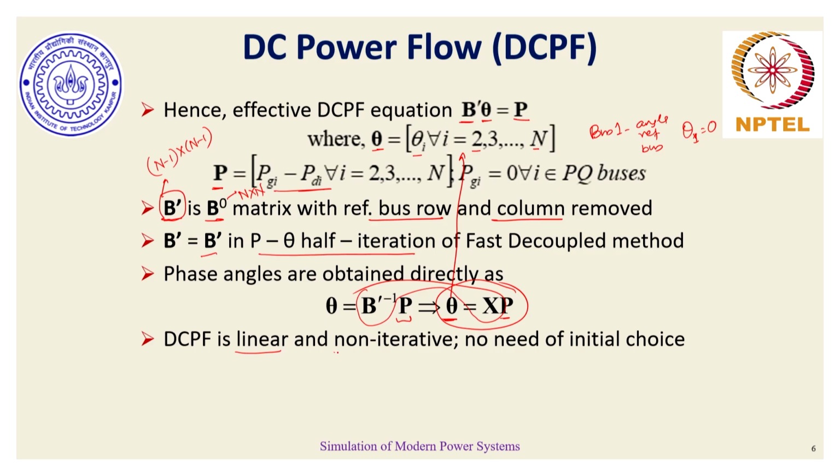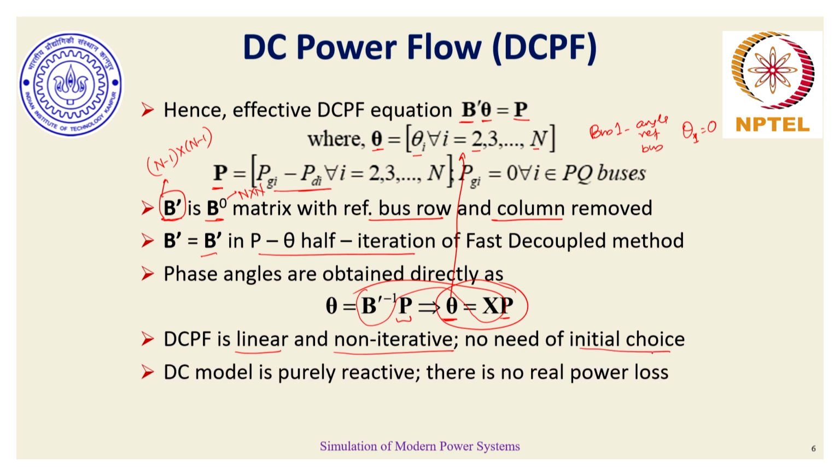There are no iterations or recursions involved, there is no need of an initial choice. It is a purely reactive model. Since there are no line resistances considered, at the end if you try to find the real power loss through absolute line flows, they will all be zeros because line resistance has never been considered at all.